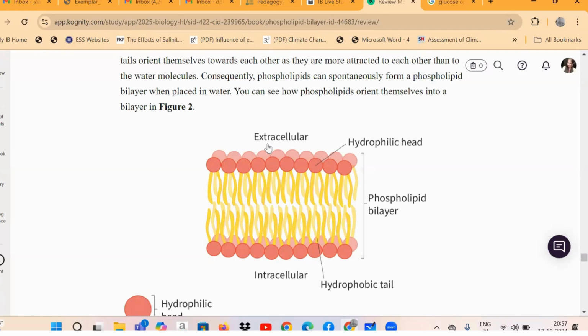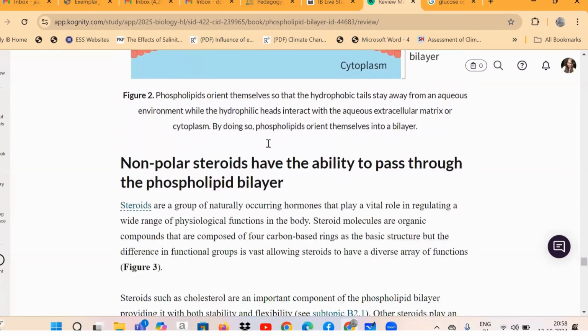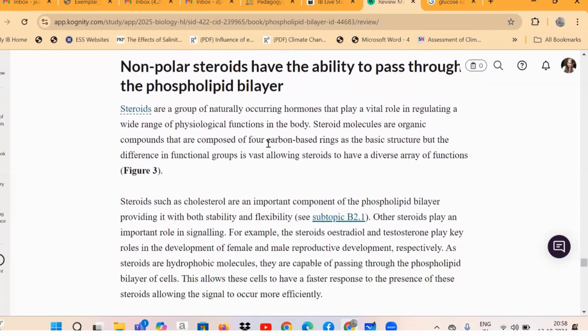When you place phospholipids in water, they spontaneously form a phospholipid bilayer, because the tails are hydrophobic. Next, non-polar steroids have the ability to pass through the phospholipid bilayer.